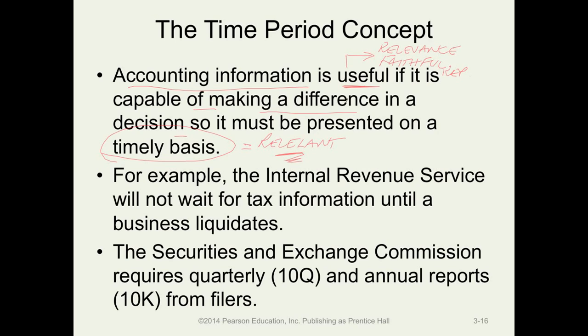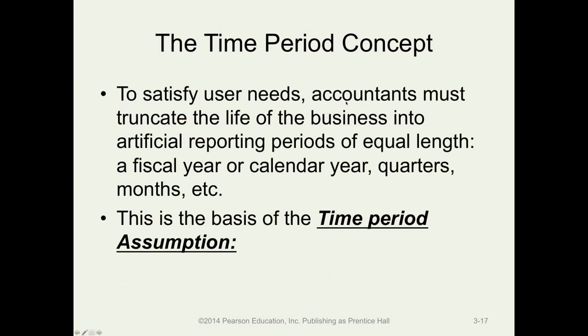So timely information is needed by the IRS. They can't wait until your business liquidates in order to provide you with information. The SEC, as we mentioned earlier in the course, requires information to be provided by completing Form 10-K, which is the annual report, and 10-Q, which is quarterly.